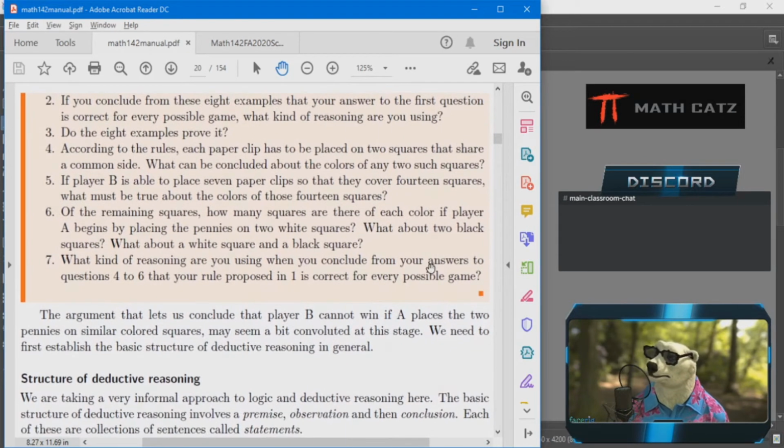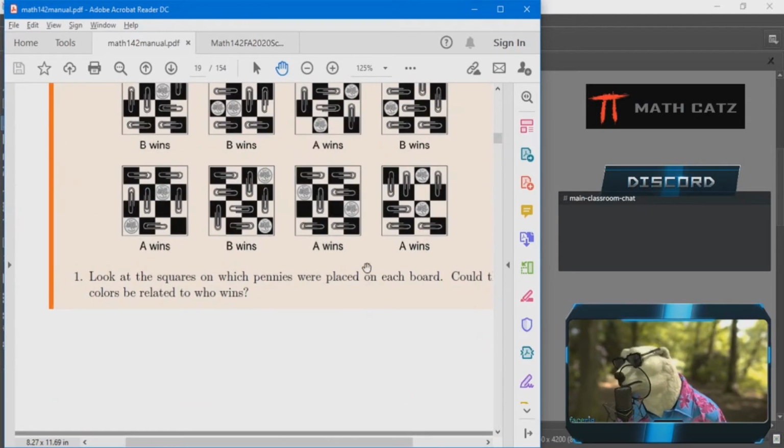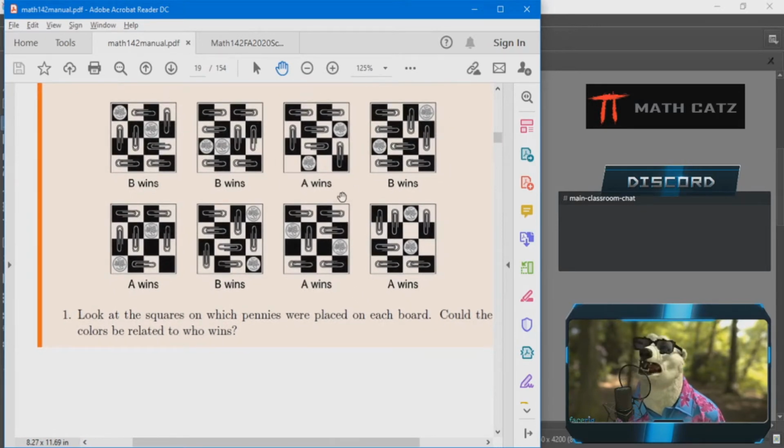So now I'm sort of forming an argument that is essentially deductive reasoning. 7. What kind of reasoning are you using when you conclude from your answers to questions 4 to 6 that your rule proposed in 1 is correct for every possible game? So now I'm looking at examples, sure, to just better understand the rules of the game, but I'm not limiting myself to any specific example.